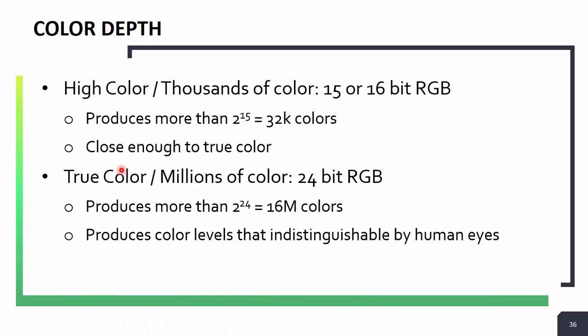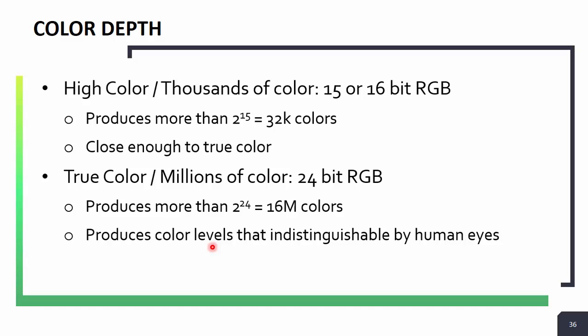But true color is the one that uses 24 bits per pixel. This is millions of colors. 24 bits means 8 bits for red, 8 bits for green, 8 bits for blue. So the total is 16 million colors, more or less. And the color that it produces is indistinguishable by the human eye.